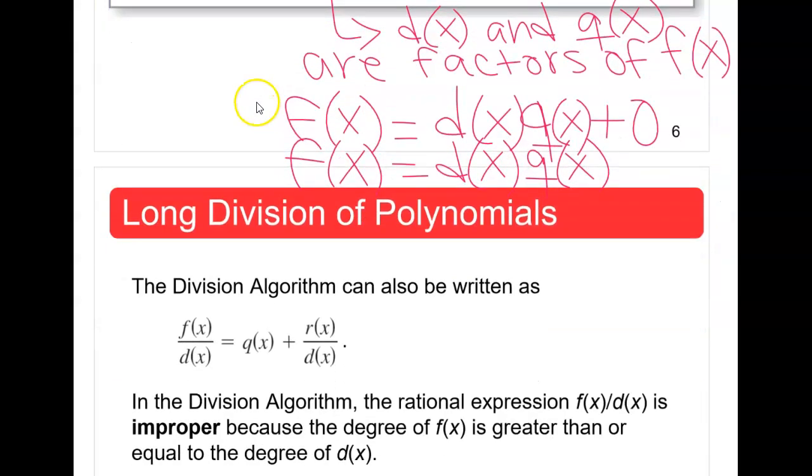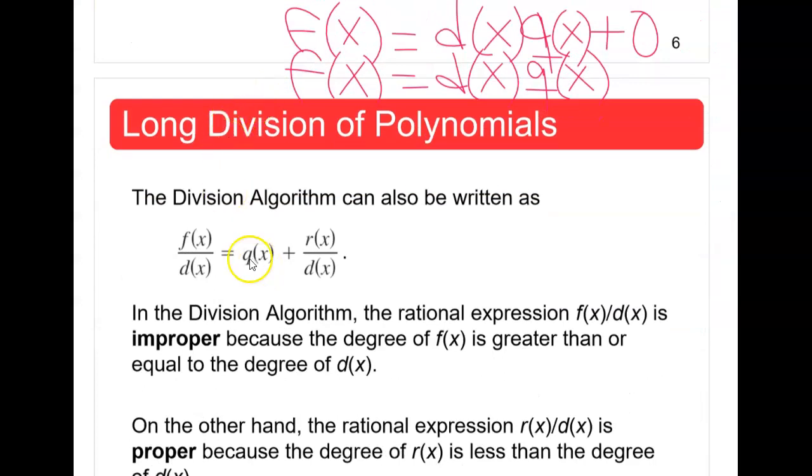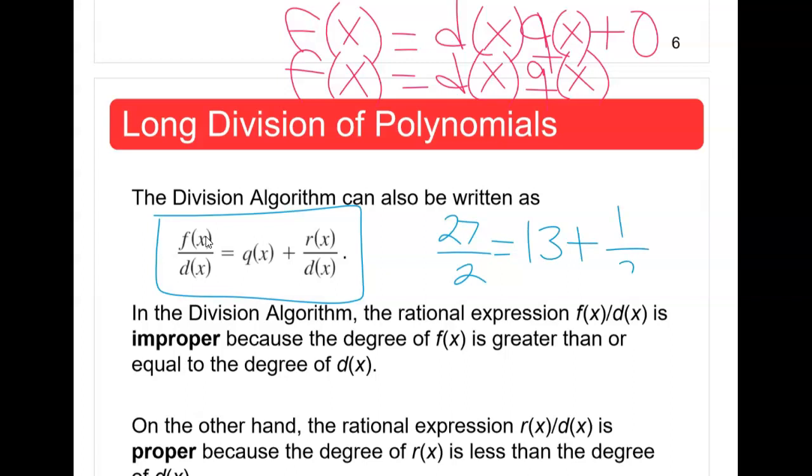Okay, so the division algorithm can also be written here. This is like the fraction form that we had from the other page. Remember when I had my example, 27 divided by 2 is equal to 13 plus 1/2. Looks just like that. So in the division algorithm, the rational expression f of x divided by d of x is improper because the degree of f of x is greater than or equal to the degree of d of x.